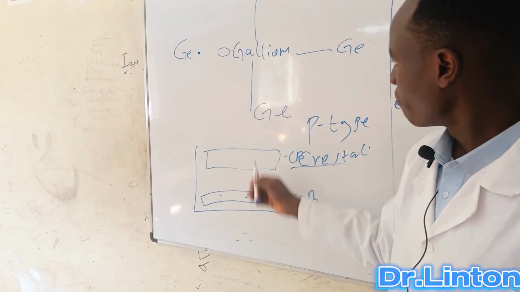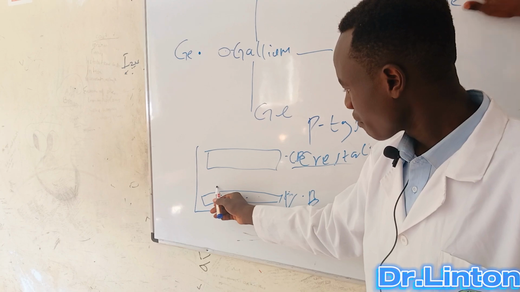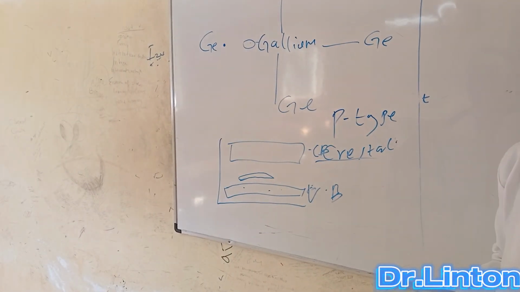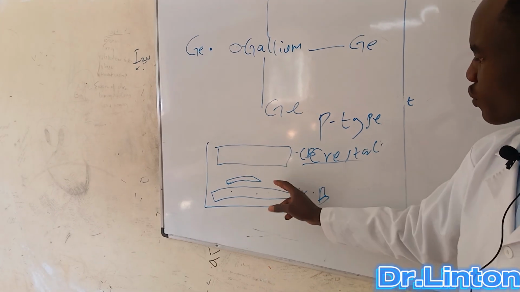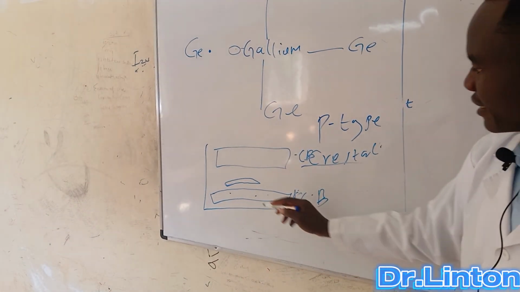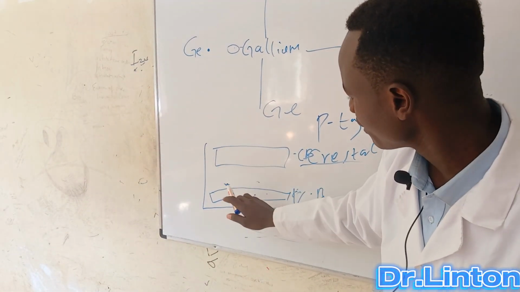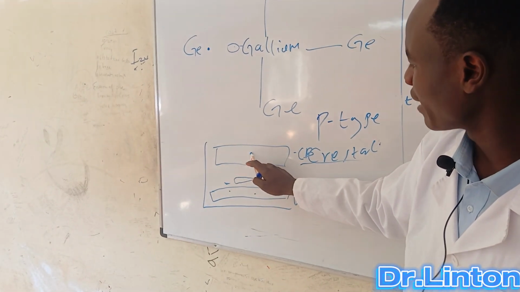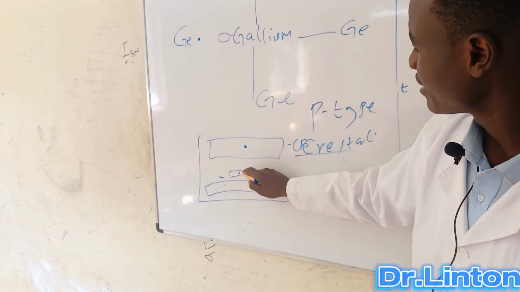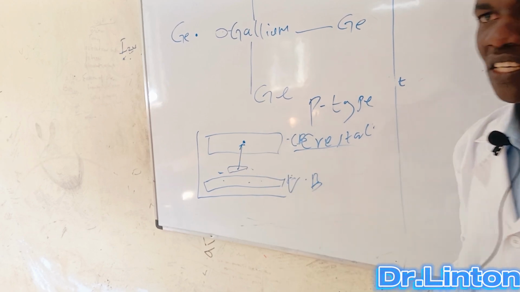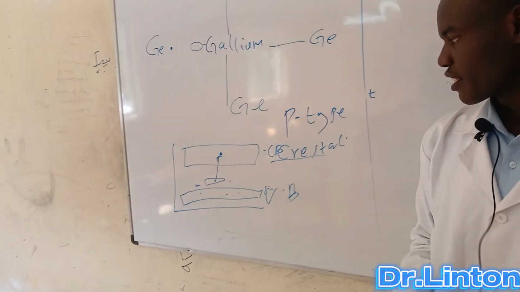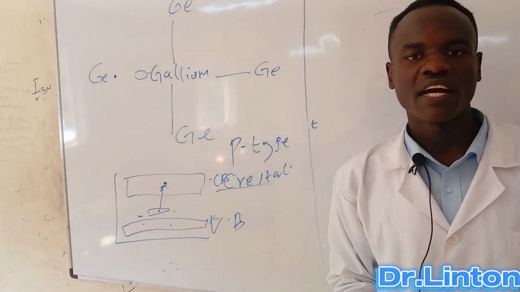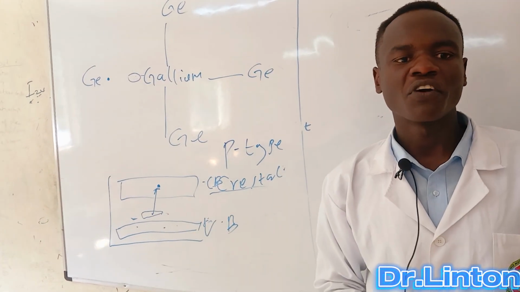Electrons are here, but this hole is near the forbidden gap, meaning that when an energy is introduced, an electron can easily jump to the conduction band. And this is the formation of a p-type semiconductor.